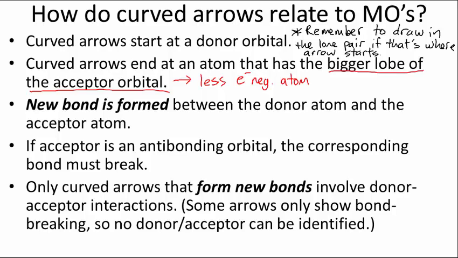So whenever you have a donor and an acceptor, there will be a new bond formed between those two atoms. Every time there's a donor-acceptor pair, there'll be a new bond there in the products that was not there in the reactants.